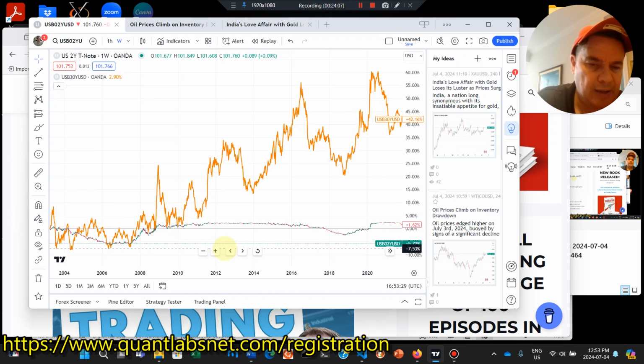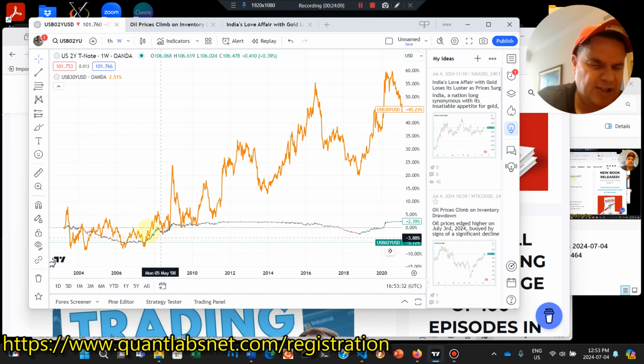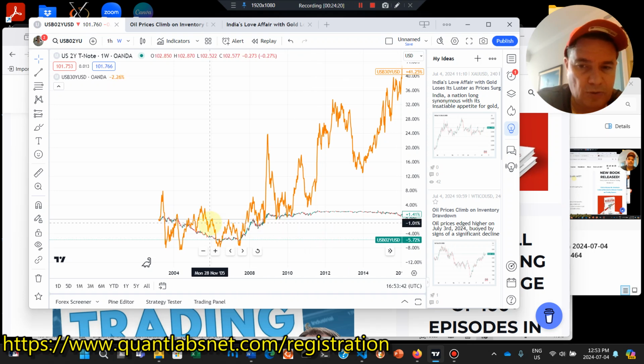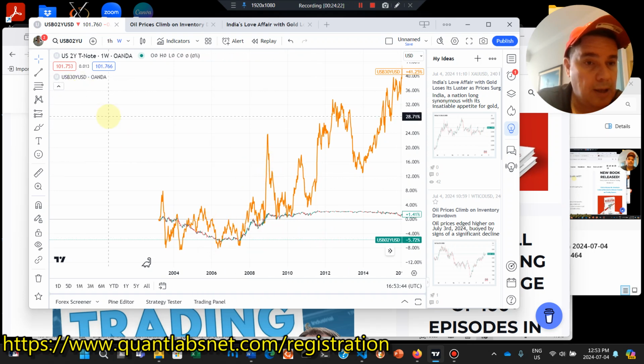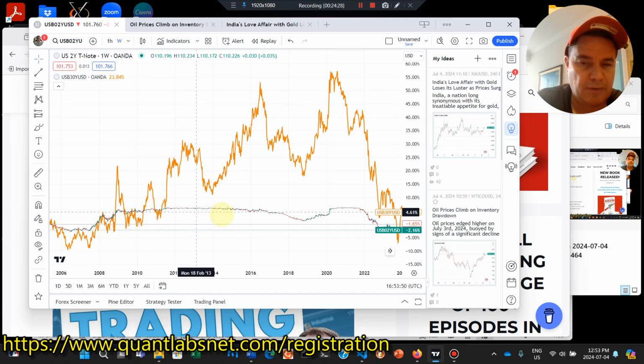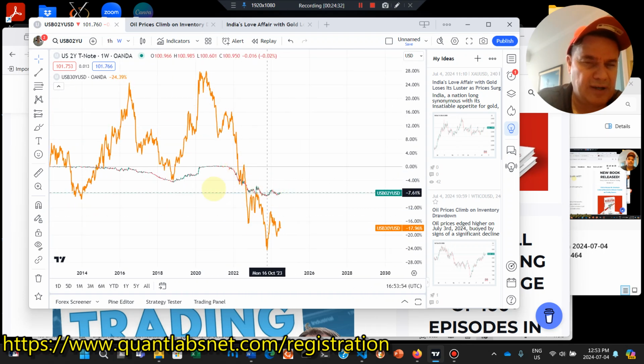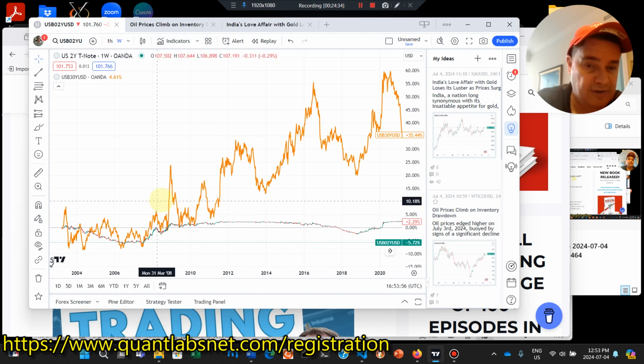But if you go back prior, you can see how much more stable that relationship is, going back to here in 2003. So you can see the difference between the 2-year and the 30 years. The 2-year note is this one, very short, very stable in price and in variance since 2003.